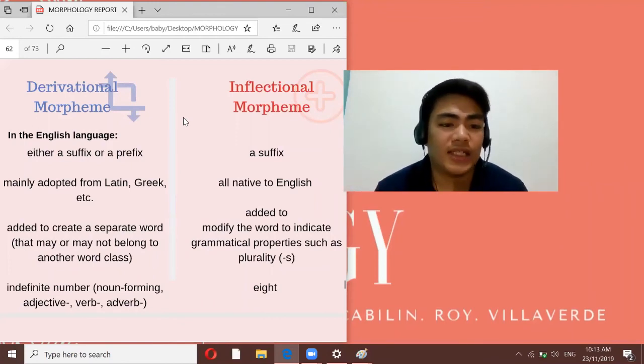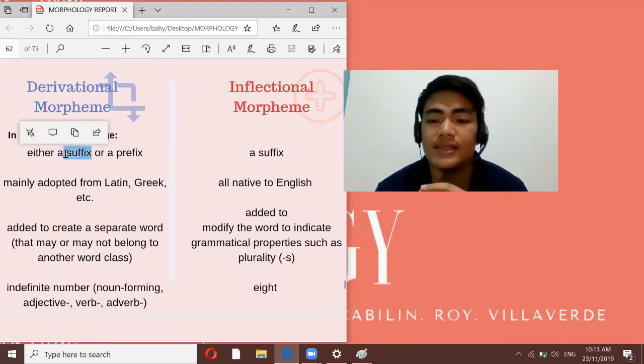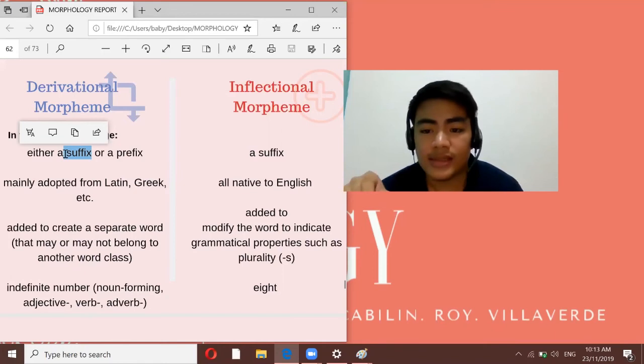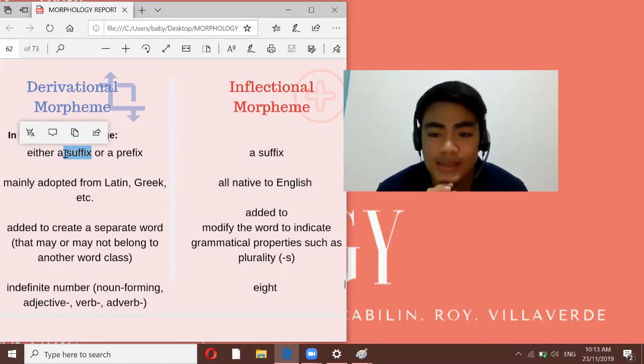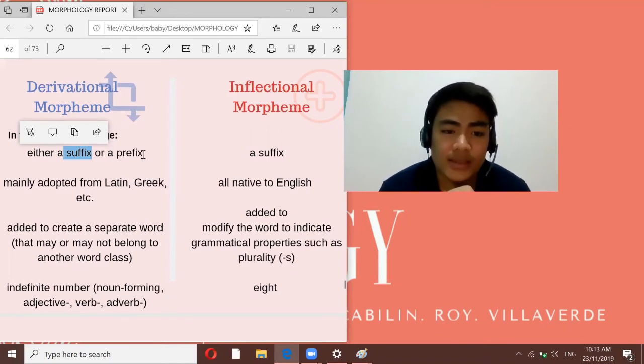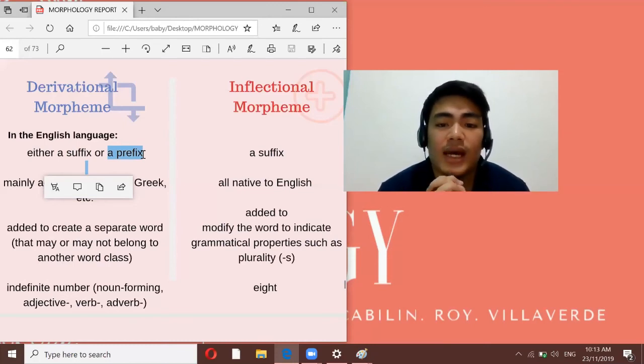In the English language, particularly, derivational morphemes can either be a suffix, such as the suffix ness, from the word happiness, or it can be a prefix, such as the prefix un, from the word unhappy.